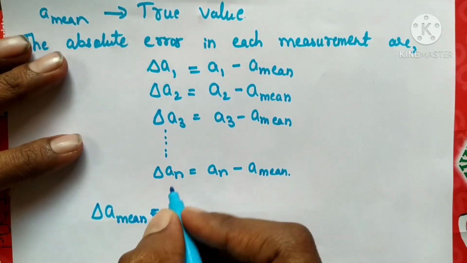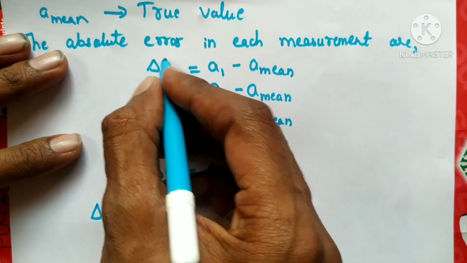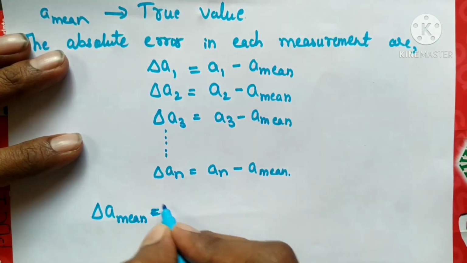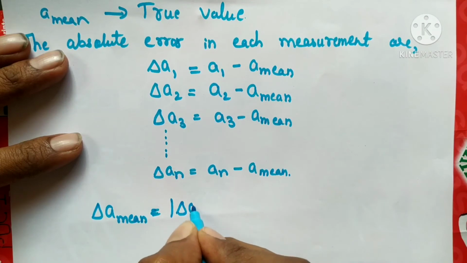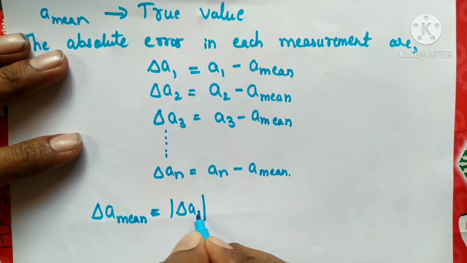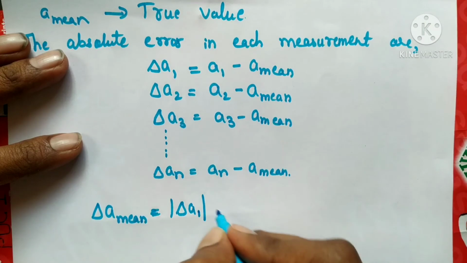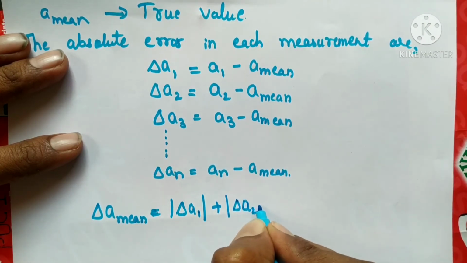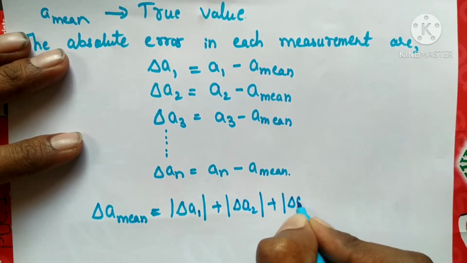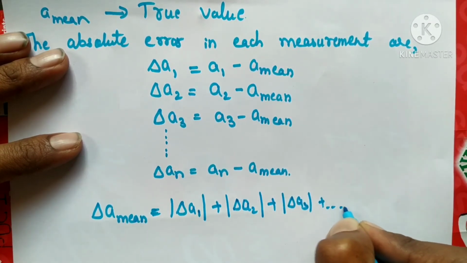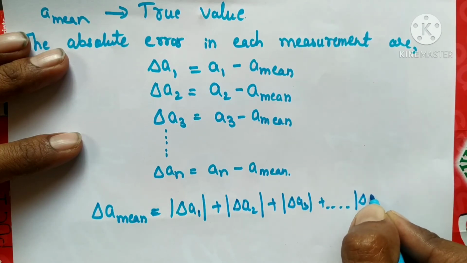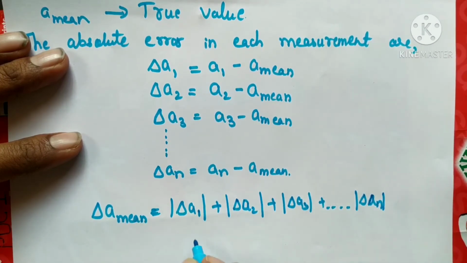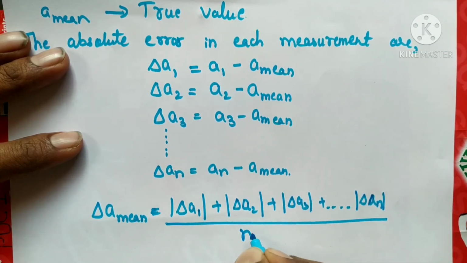Instead of writing delta A1 directly, let me write mod delta A1. Here the delta A1 value is always positive; when I put mod, it means the value is positive. So in the same way plus mod delta A2, mod delta A3, up to mod delta AN, divided by n, the number of readings.